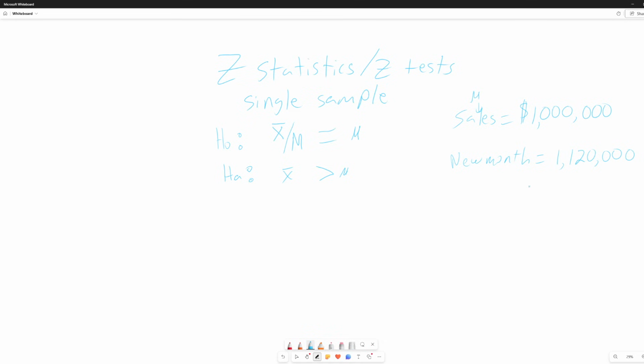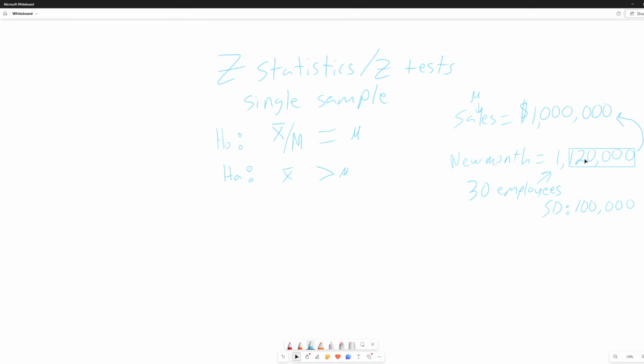So let's say that I had 30 employees, and this is the average across those 30 employees with a standard deviation of, let's just make it another round number, $100,000. So what we are asking is, is this significantly greater than this? Did my new procedure or my new sales tactic actually improve sales that month?